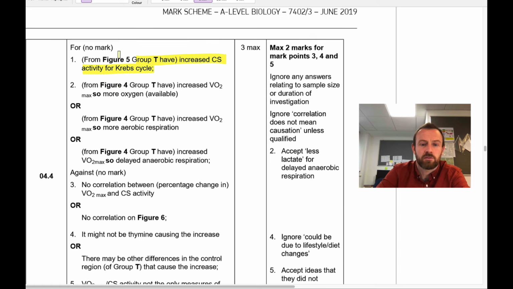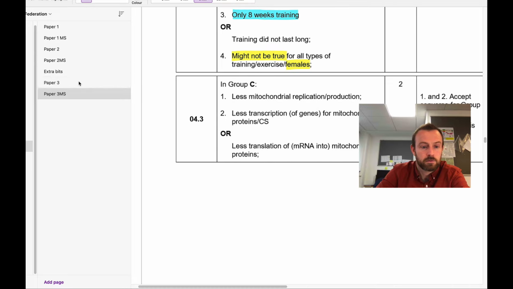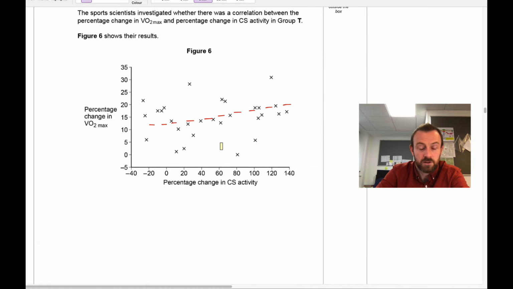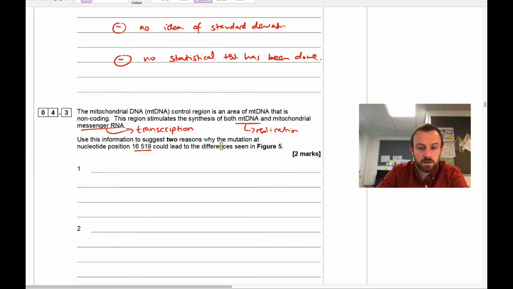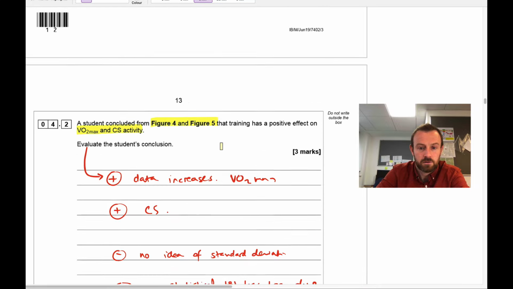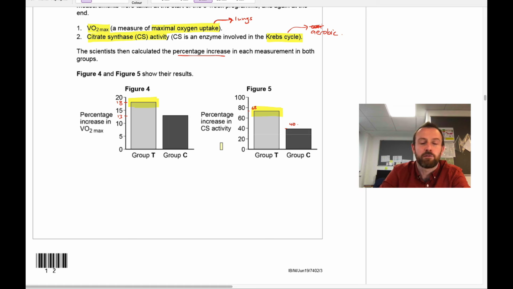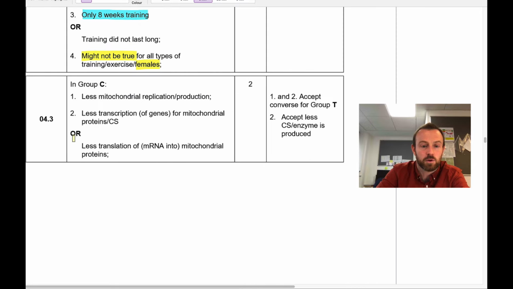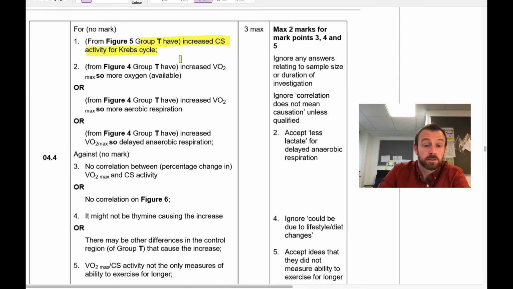What was figure 5? I need to go back. Were there 3 figures? Figure 6. Sorry, that's figure 4 and 5. That's the same. Okay, both those ones. So you get a mark for talking about figure 4, and a mark for talking about figure 5.